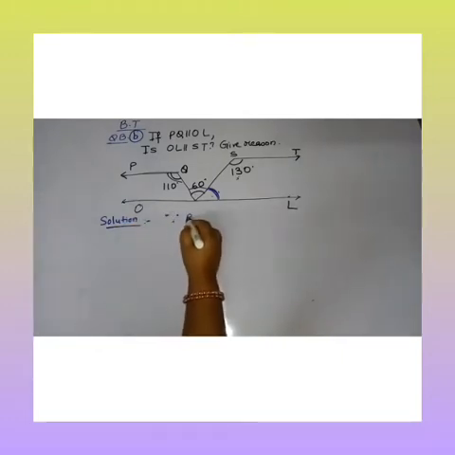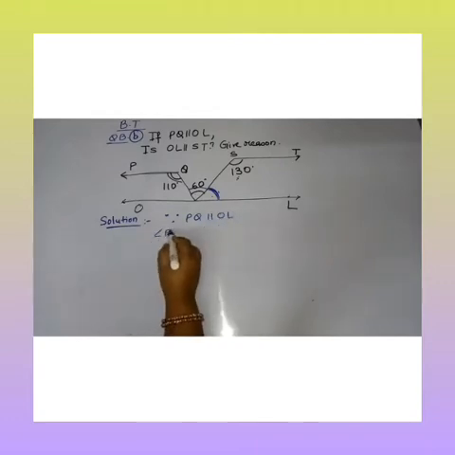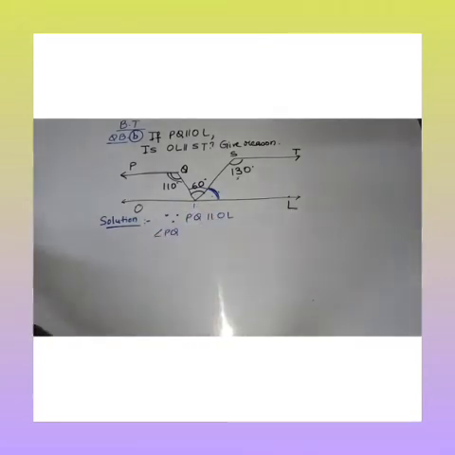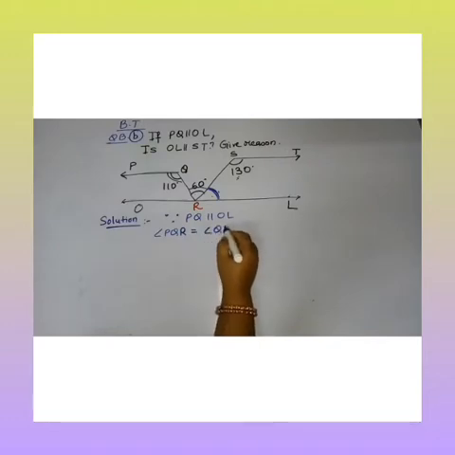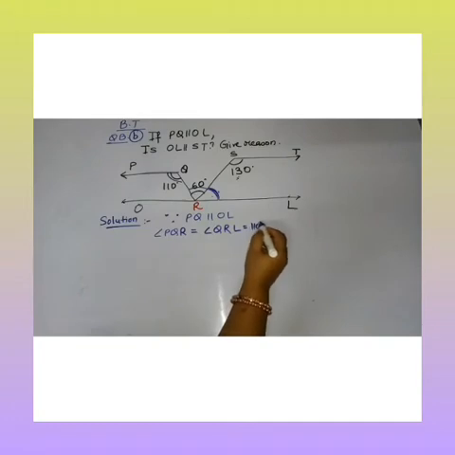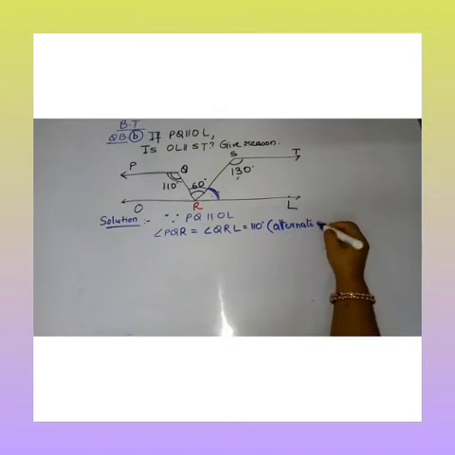since PQ is parallel to OL, this means the angle PQ, I'm going to name it as R. So PQR is equals to angle QRL, and this must be 110 degree. The reason is alternate angles.